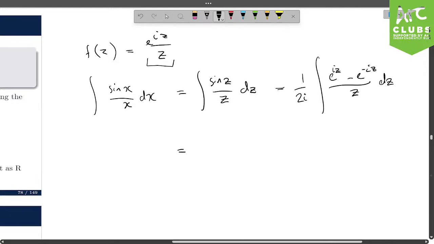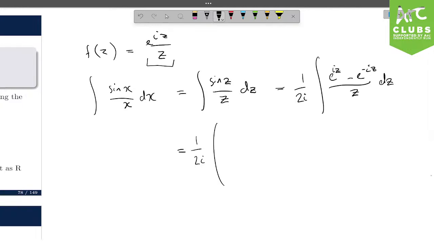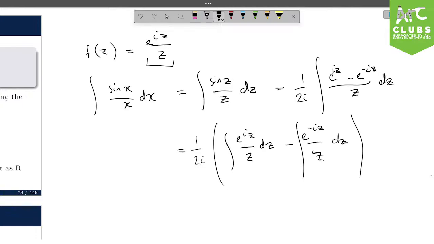And if we separate that out, we get 1 over 2i times the integral of e to the iz over z dz minus the integral of e to the minus iz over z dz, right? That's not actually exactly equal to f of z, the integrand in this one.